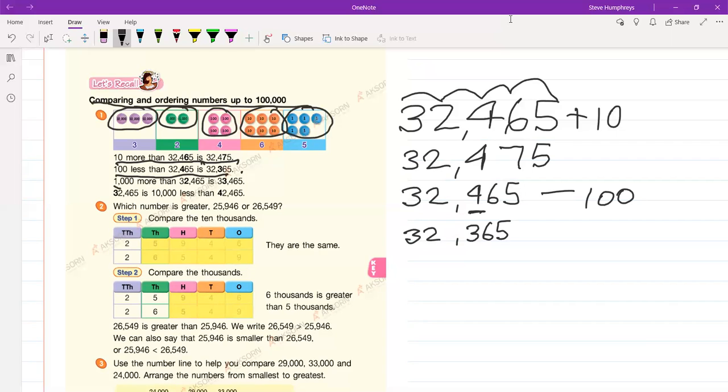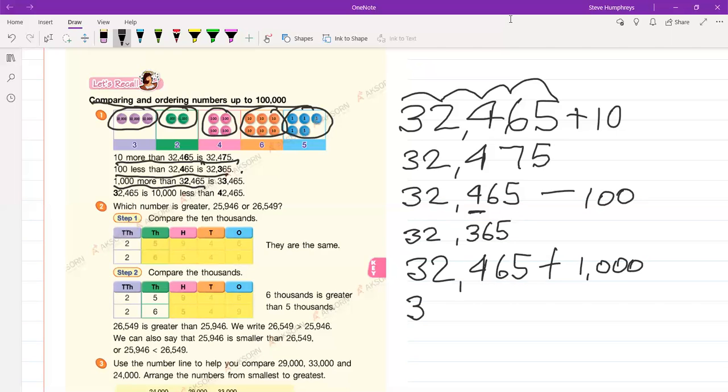The next one, 1,000 more than 32,465. You're going to add 1,000. There's your thousands place.